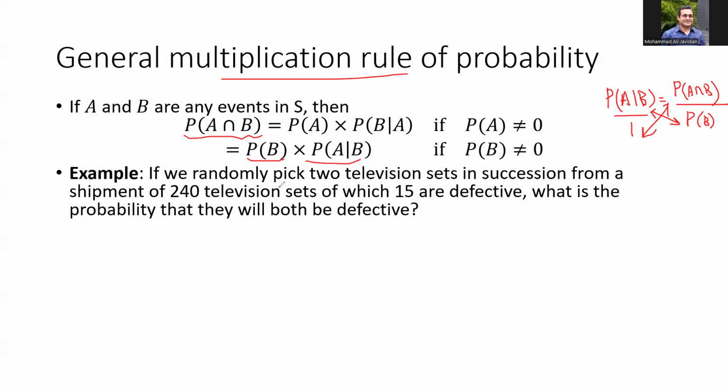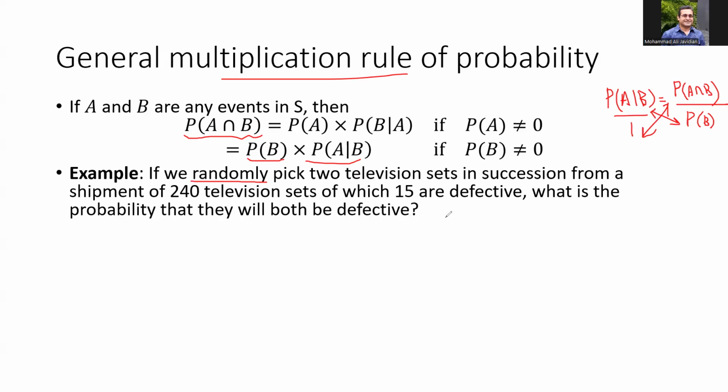It says we pick two television sets in succession from a shipment of 240 television sets, of which 15 are defective. What is the probability that they will both be defective? We pick them randomly.